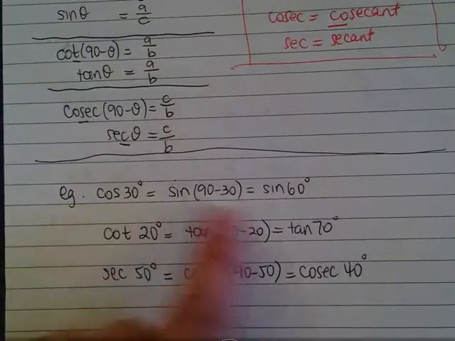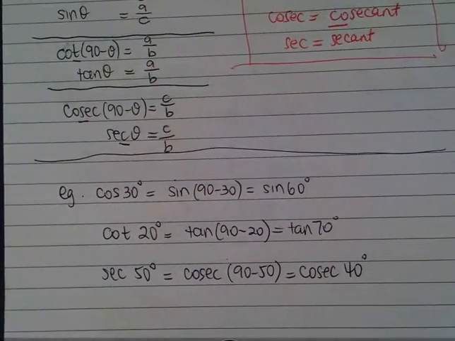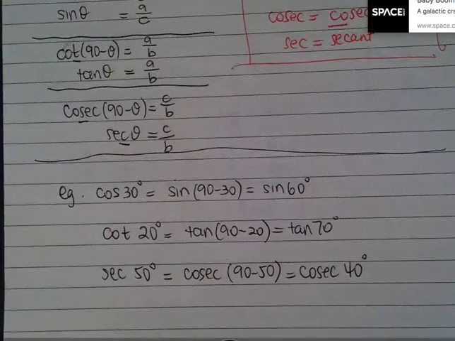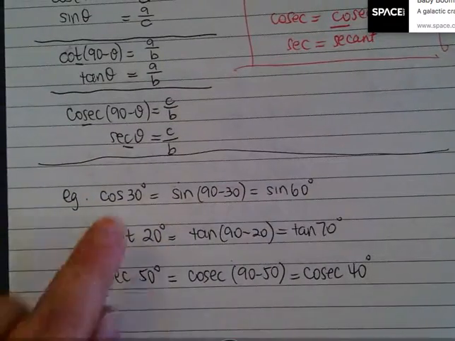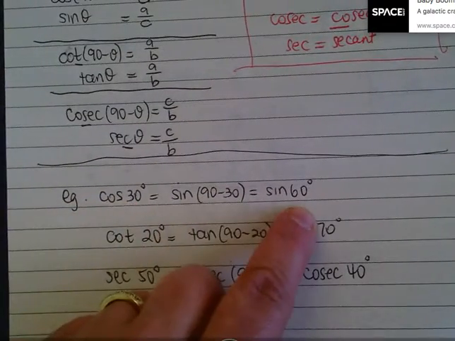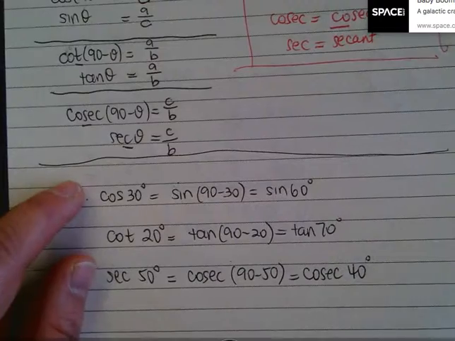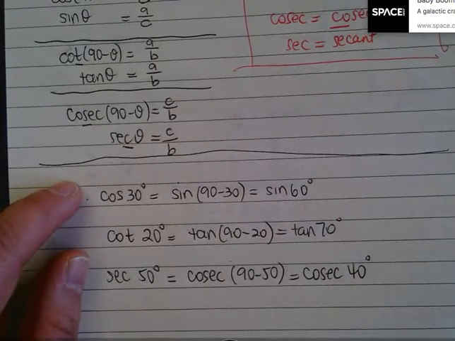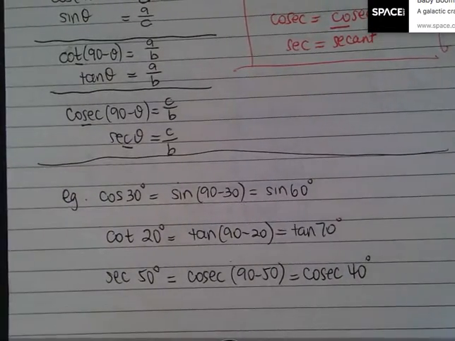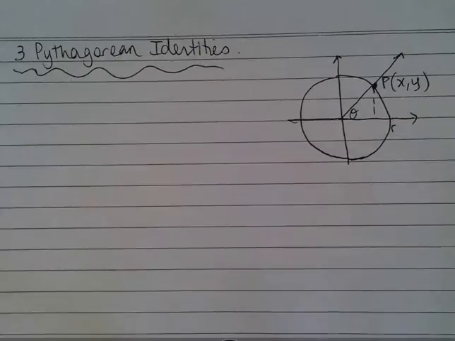Now you should already know cos and sine from our exact values triangle. Whatever sine 30 is, that's the same as cos 60. We should know, for example, that cos 30 is sine 60, cos 60 is the same as sine 30, and cos 45 is the same as sine 45. They're complementary.